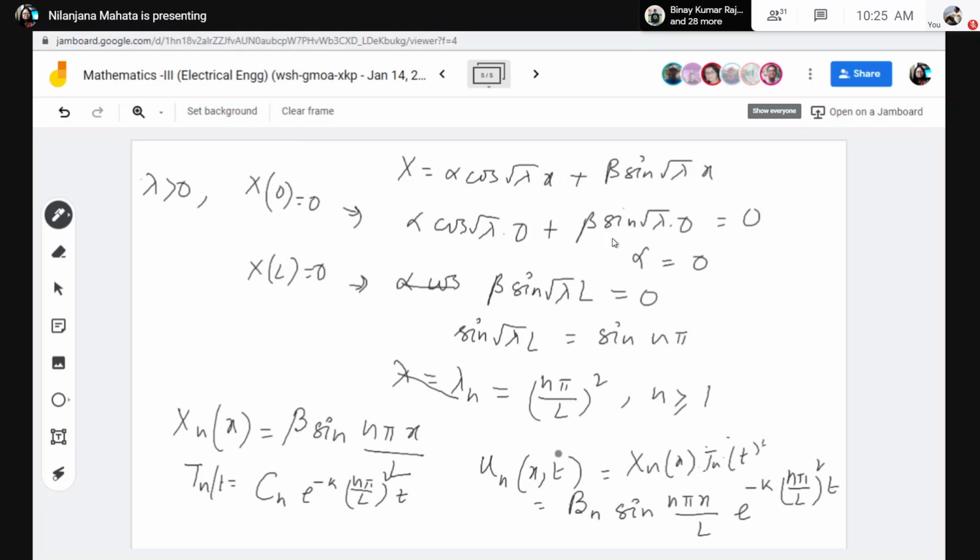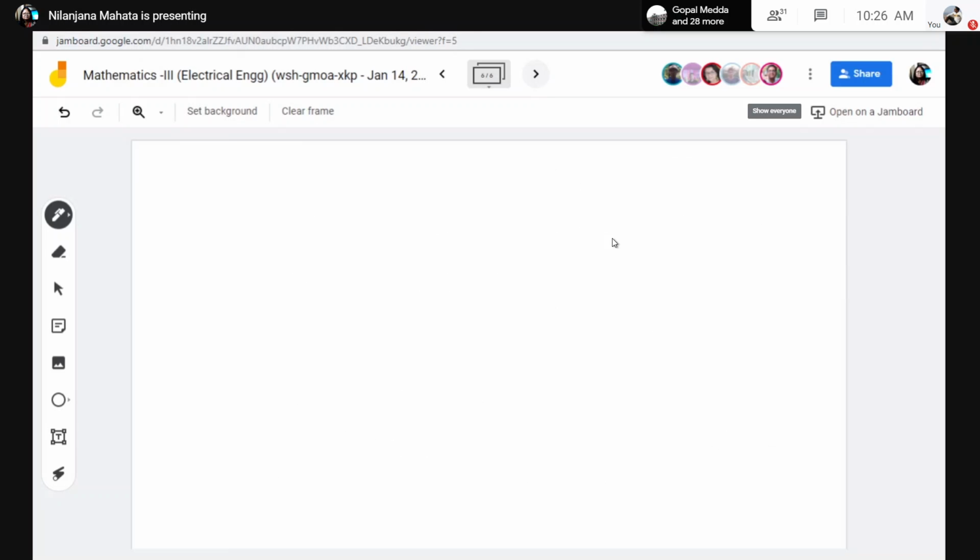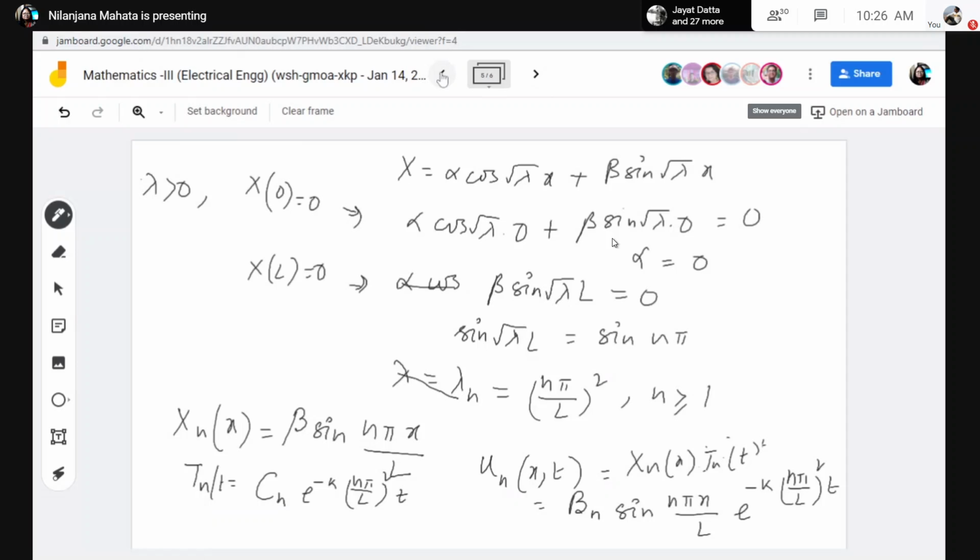If we know these coefficients b_n, but before that we have to superimpose for all these n, and we will get the solution. First let me ask you, up to this it is okay with you?